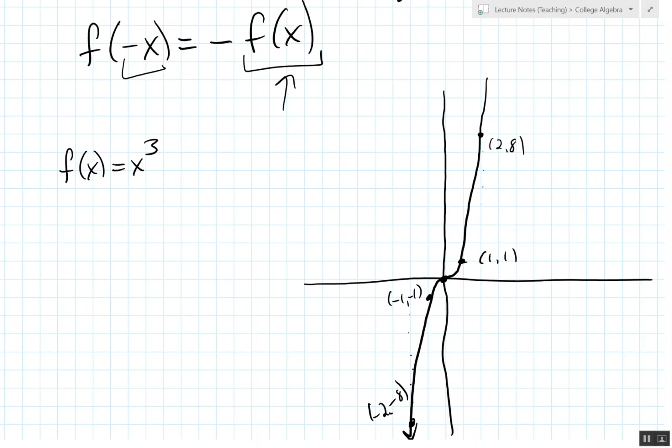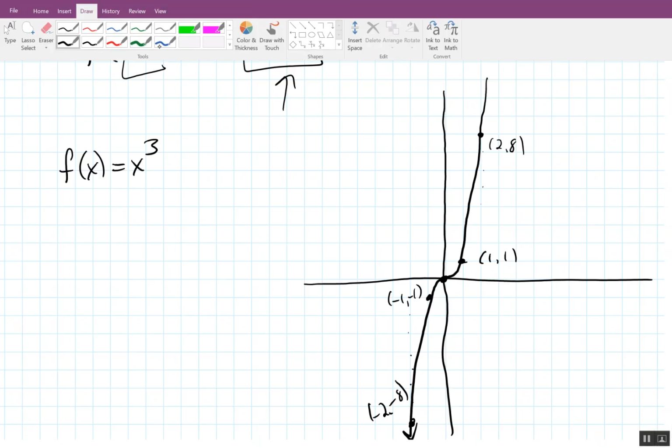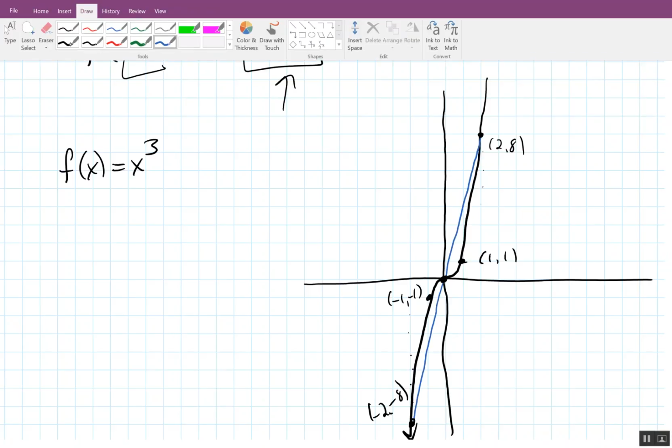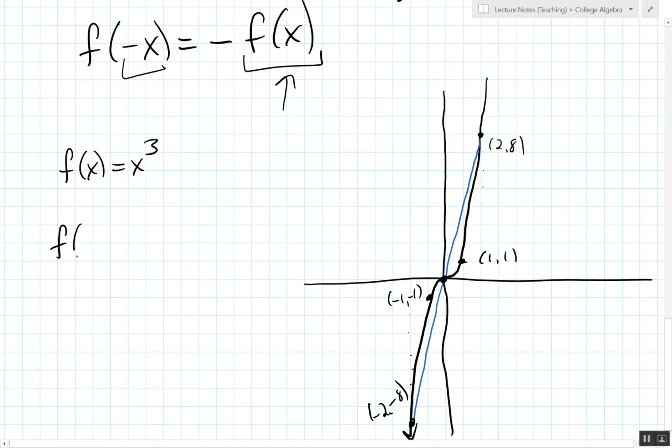And notice that when we connect, for example, the two farther points away, this line here looks to be about the same distance as that line there. So let's prove that this is an odd function. What you do is you take f and evaluate it at negative x. Again, following our previous video, you take this x and replace it with the parentheses.